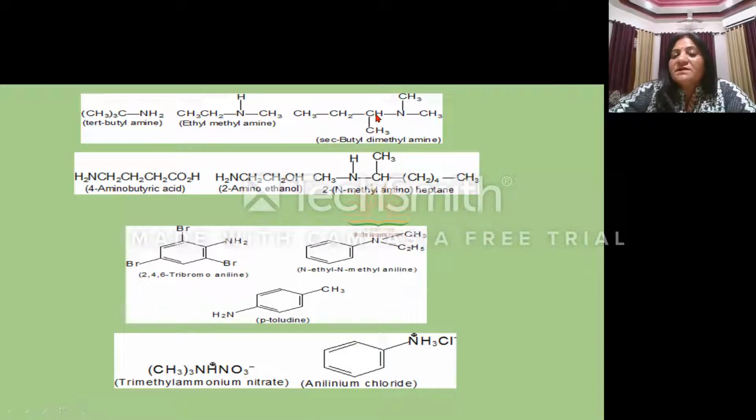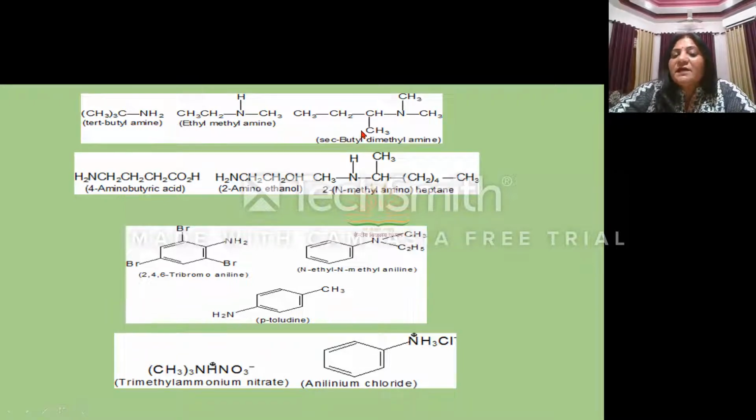Now this is tertiary amine. Here nitrogen is attached to the 3 carbon atoms. So the criteria for the IUPAC nomenclature for the tertiary amine is N,N-dialkyl alkanamine. Here this group is butyl group, secondary butyl group.